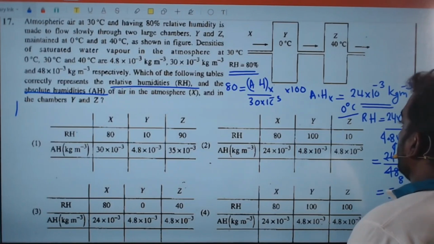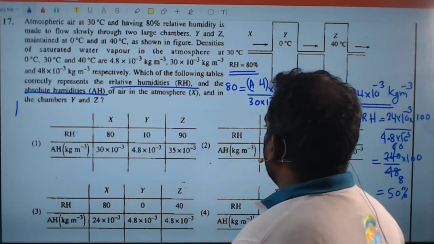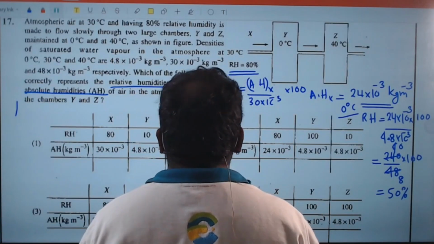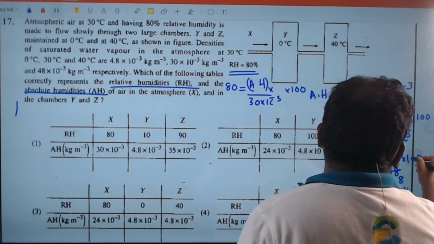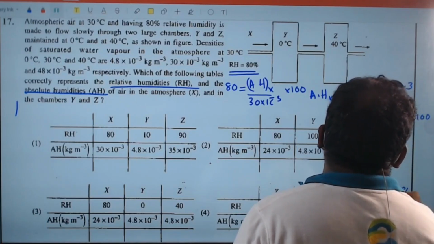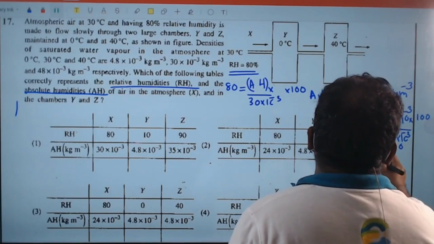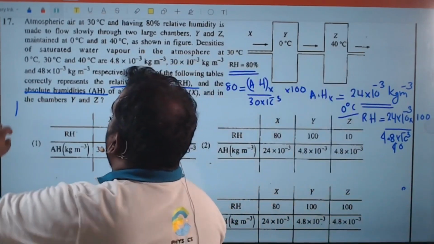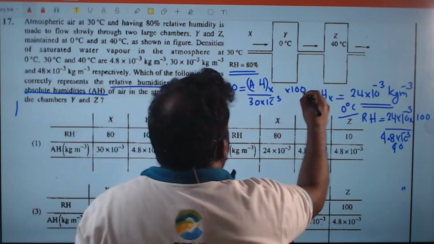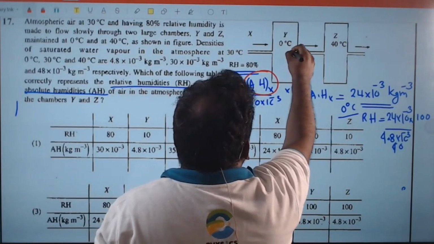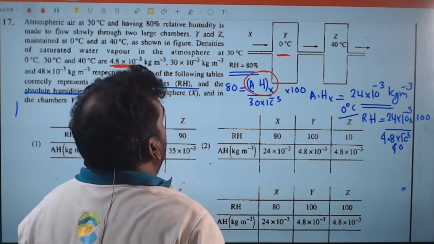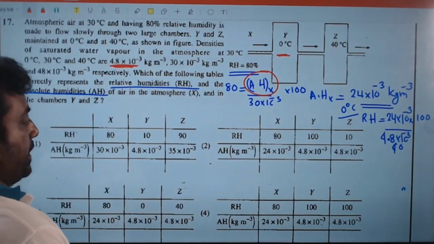Saturation has taken place. So 24 × 10⁻³ is there, means more than the required, saturation will take place. This is more than the maximum possible.